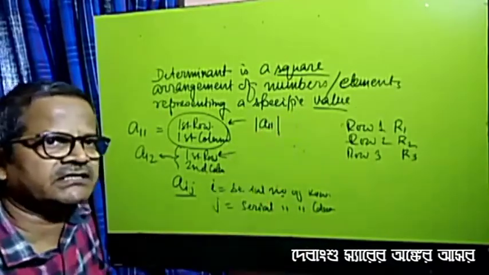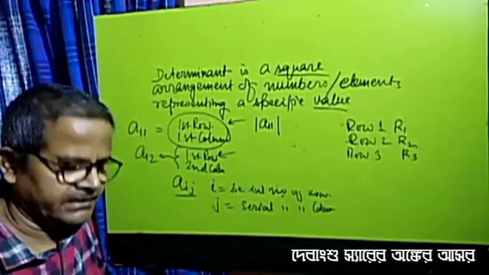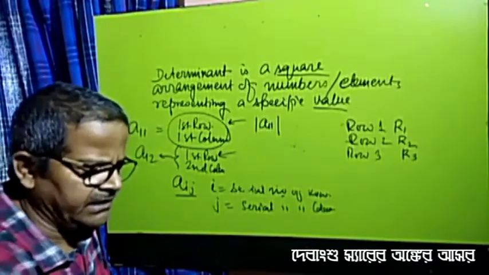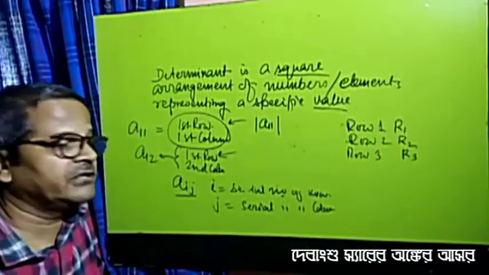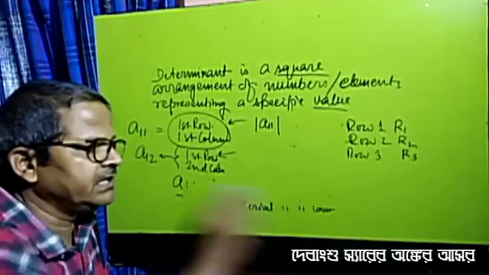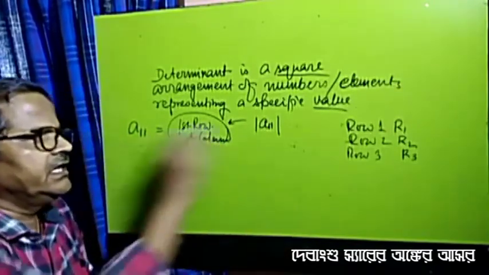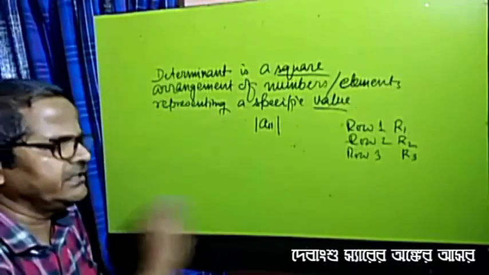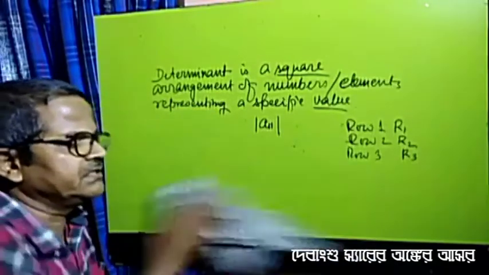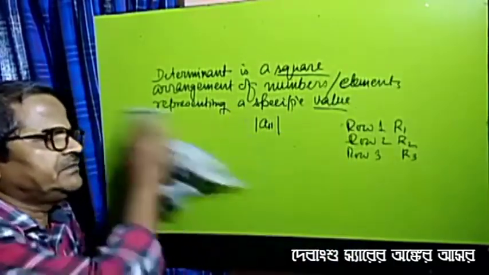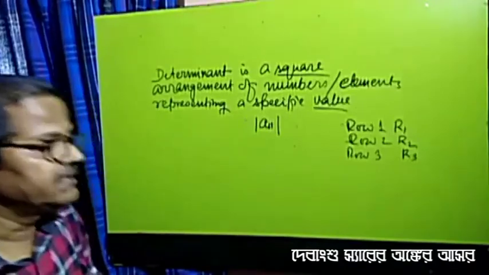This is first order, second order, and third order determinants. Likewise, fourth order, fifth order, and nth order determinants are denotable.